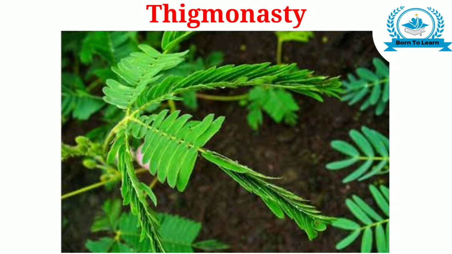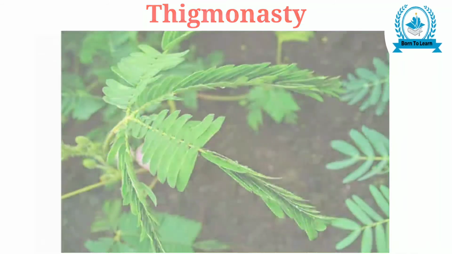The sensitive plant has pad-like swellings called pulvini at the base of each leaf. The folding up of the leaves on touching is due to the sudden loss of water from the pulvini present at the base of all leaves of the sensitive plant, which makes the pulvini lose their firmness, causing the leaves to drop and fall.